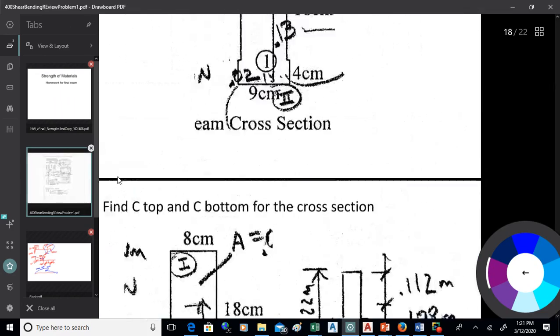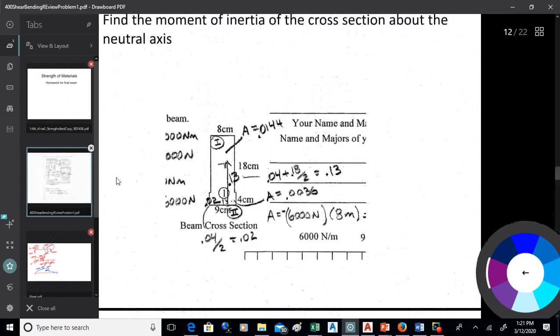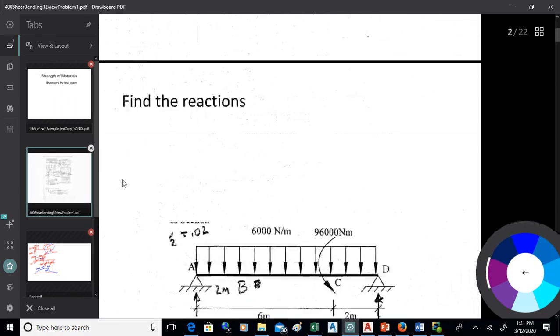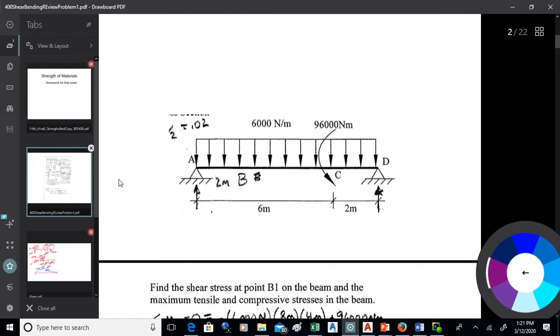All right, so the first thing to do is to find the reactions on the beam. If you haven't done that, so there's the beam, and then we just want to find the reactions on that. So if you're online, maybe pause and go through that, then we'll look at them real quick. See if you can work through those.